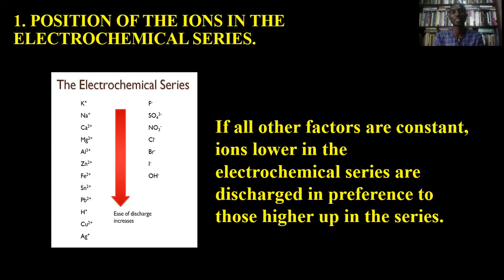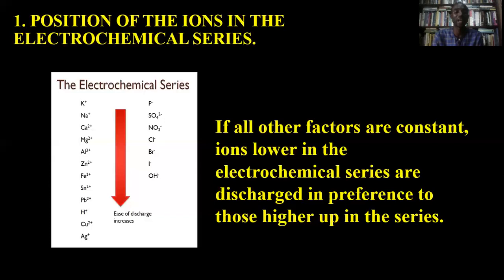It's expected that if two cations, for example sodium ion and copper ion or hydrogen ion, are found in a particular electrolyte, the one lower down will leave the electrolyte and leave the one at the upper side, with higher reactivity, to remain in the solution. So ions lower in the electrochemical series are discharged in preference to those higher in that series.